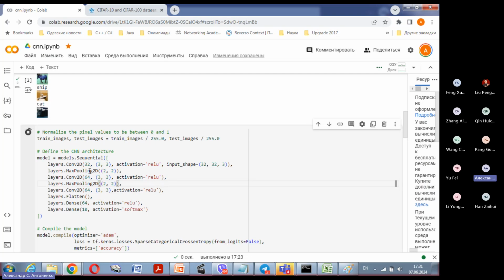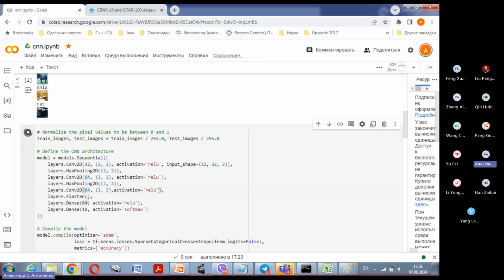Why did I not use even 1 more max pooling? You can experiment. How many layers do you have? What numbers do you have here? These are called hyperparameters, and you can experiment on the validation set to change these hyperparameters. So this is a very easy solution with no fine-tuning of these hyperparameters.